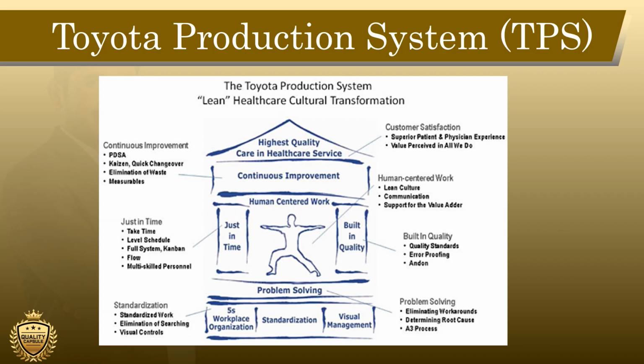TPS is a comprehensive production system created by Toyota that focuses on optimizing efficiency, reducing waste, and continuously improving processes in order to achieve high quality and lower production cost.